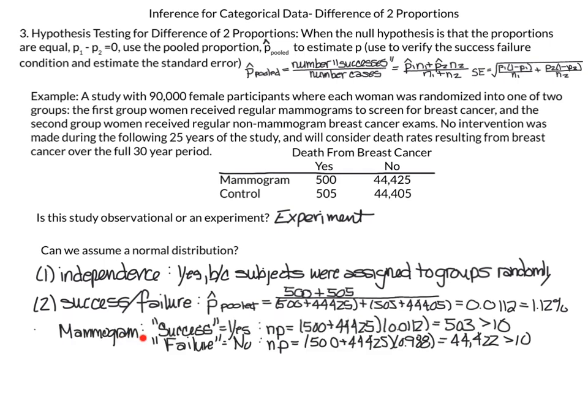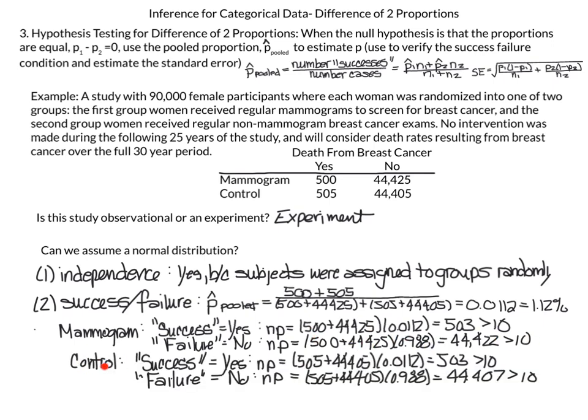Now we can look at the mammogram section. The successes is equal to N times P, so we have the total number times our P. We're going to use this P hat of 1.12%, which gives 503, so it's greater than 10. Our failures, again, we have so many people in this, times 0.98, it's going to be greater than 10.